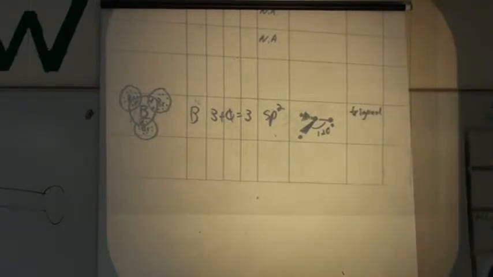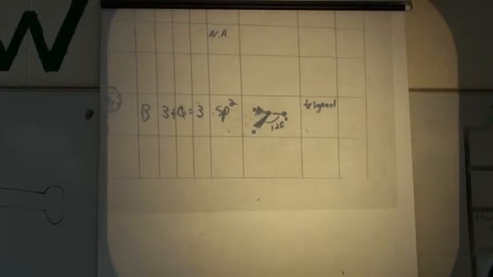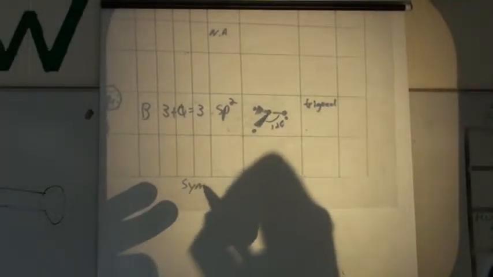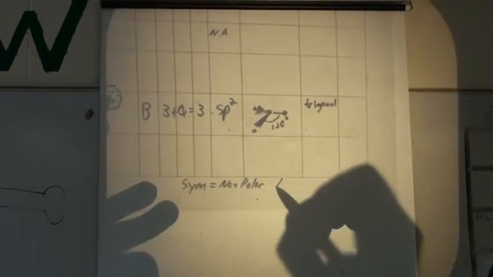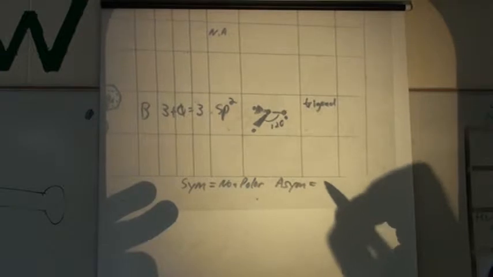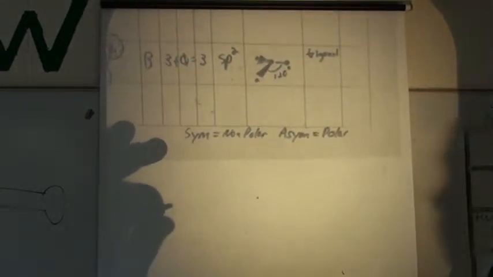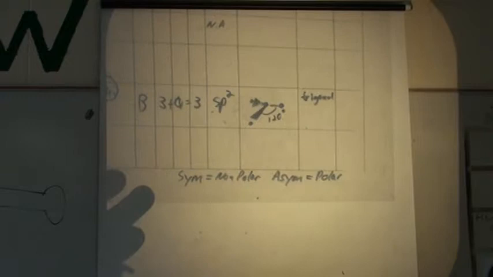And then the last thing we want to find out here, Mariah, is it polar or nonpolar? If it is symmetrical, it is nonpolar. If it's asymmetrical, then it is polar. So nonpolar is symmetrical, asymmetrical is polar.